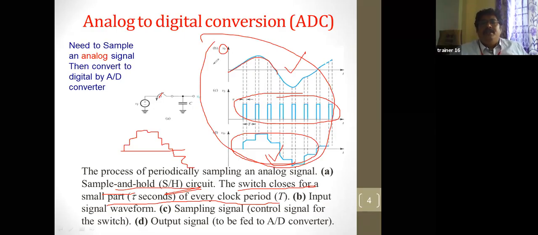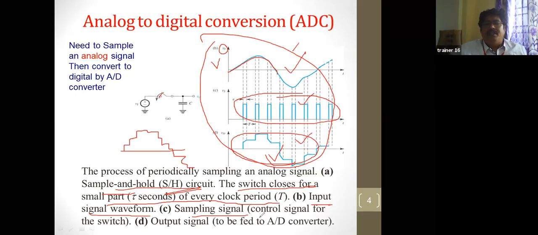And B is nothing but the input signal waveform, that is analog, and the sampling signal. This is a sampling signal, showing in which way the analog signal is converted into a digital signal. First this is the analog signal, then it is converted into this form, and the digital signal in this form.